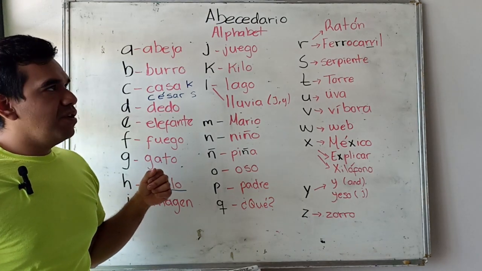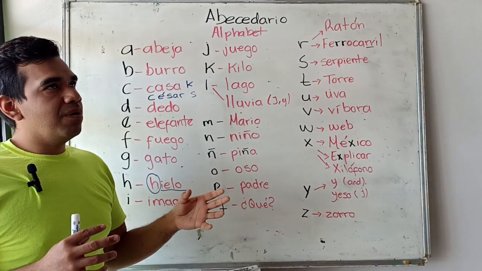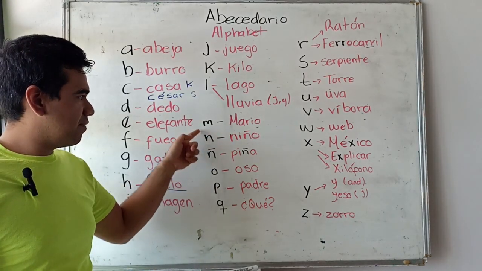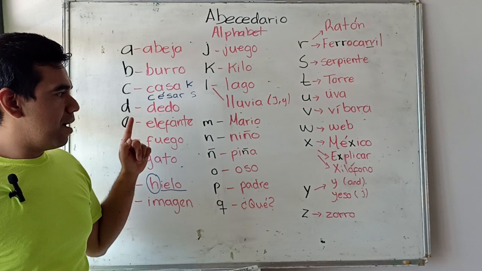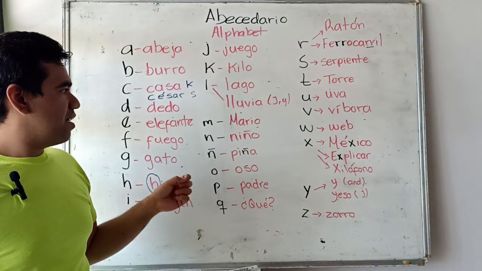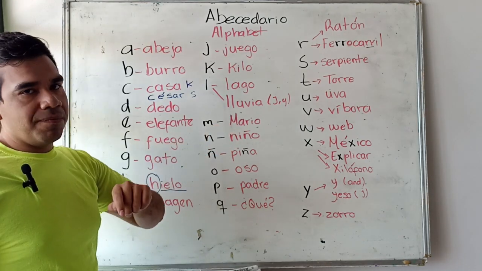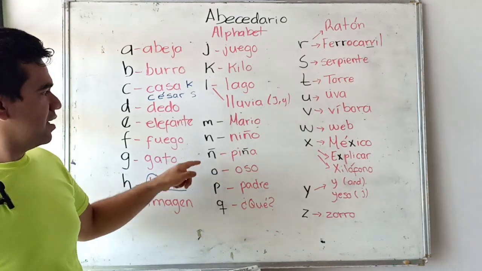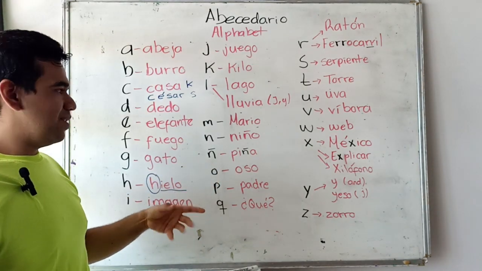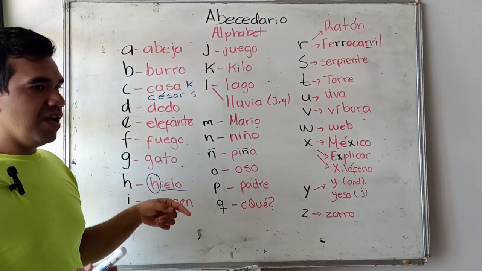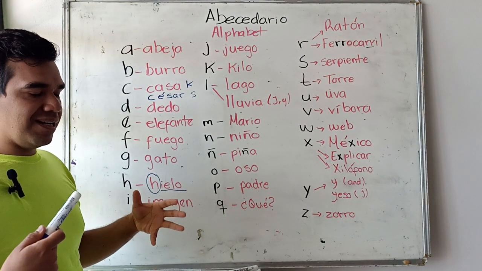So you're probably going to confuse some of these letters, but that's why you need to spell them out. You need to say, for instance, M as in Mario, M de Mario, okay? Because it's really easy to confuse them, even for natives. It's easy to misunderstand what you're listening to.